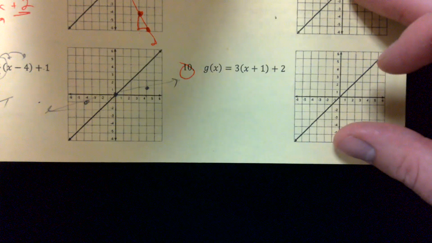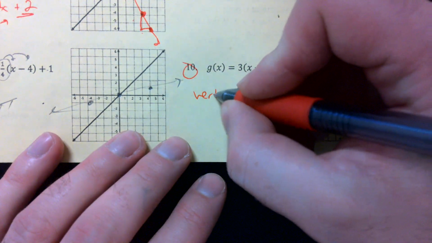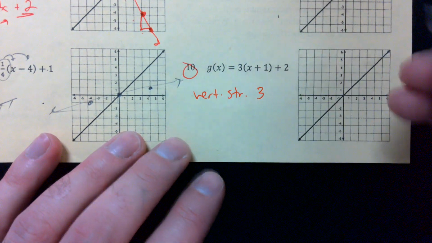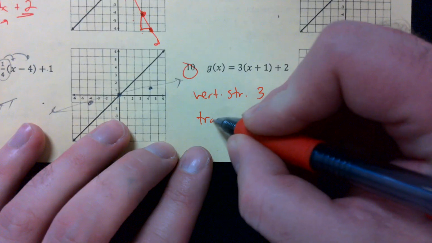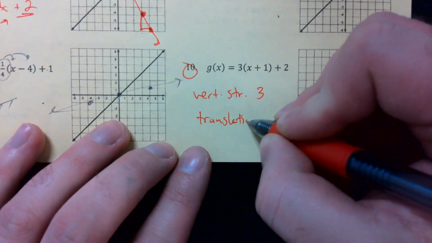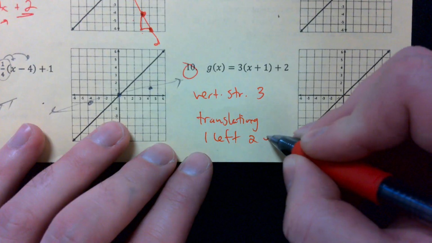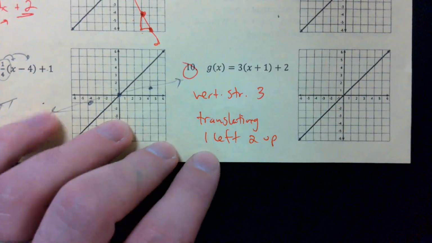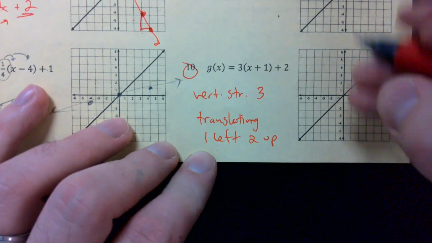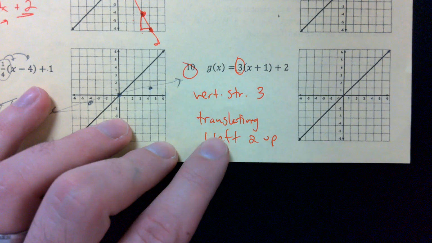If I look at 10, I've got a vertical stretch of 3. I'm translating 1 to the left and 2 up, right? So my new slope is going to be 3. I'm stretching it by 3.